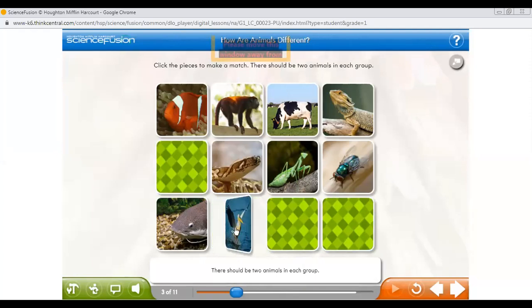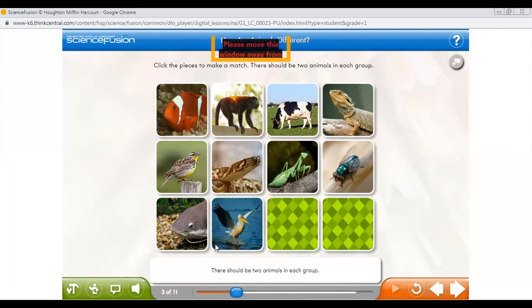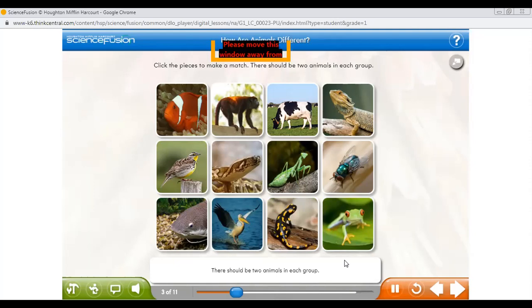No. Is this the bird? Yes, we got it right. So they have feathers and they have wings. Now the last two, these are the amphibians.